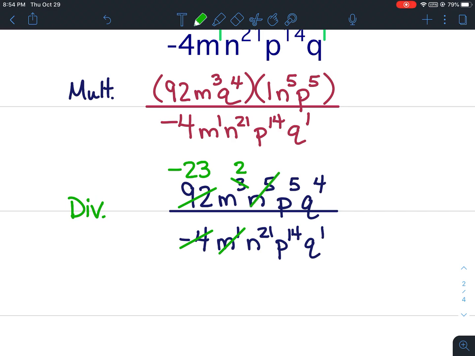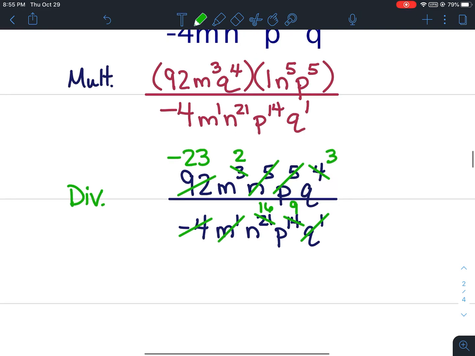N to the fifth has the smaller exponent. 21 minus 5 is 16. P to the fifth has the smaller exponent. 14 minus 5 is 9. Q to the first has the smaller exponent, and 4 minus 1 is 3.